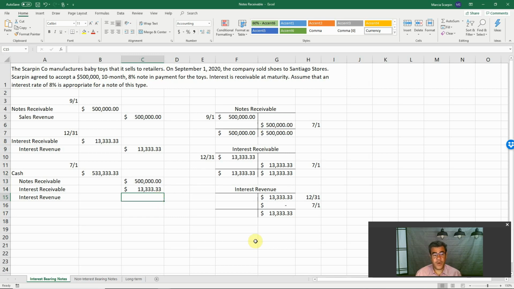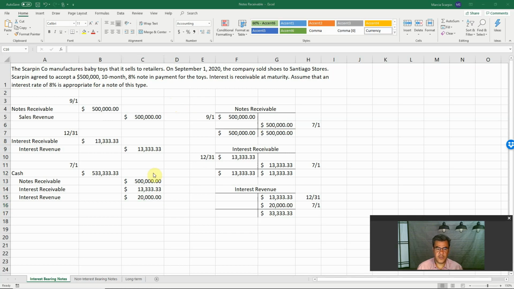So let's calculate it again. 500 times 8% times 6 months remaining here divided by 12. So we have the $20,000 remaining. So if we do it here, we will have 533.